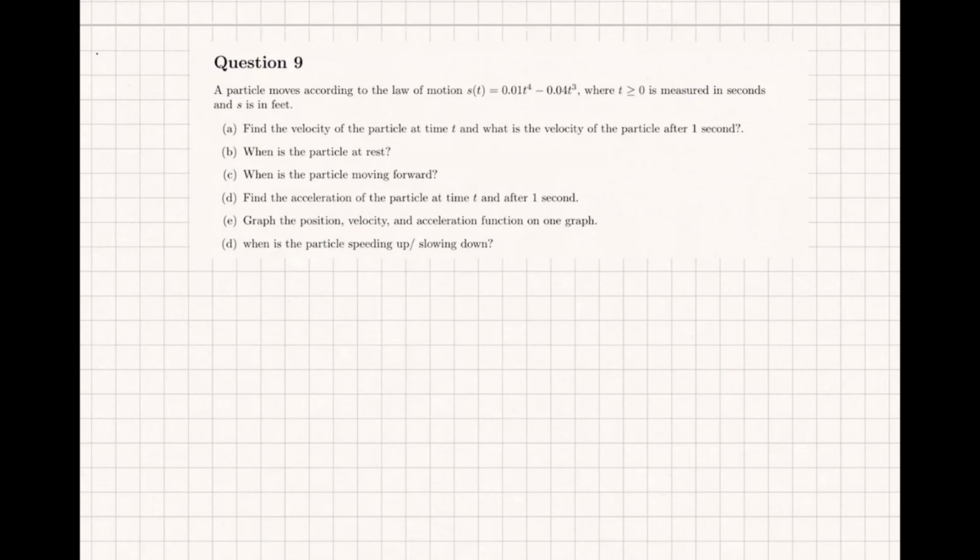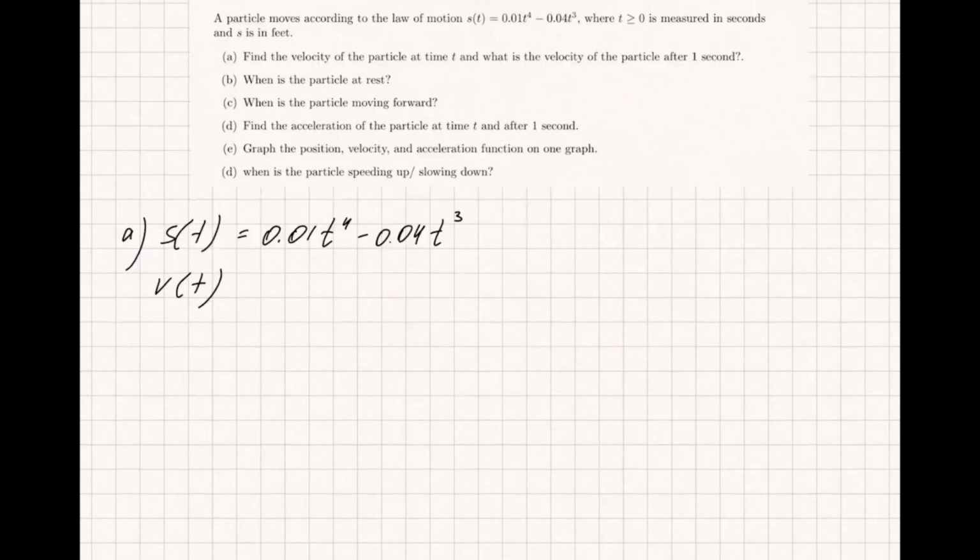So first question is find the velocity of a particle at time t, and what is the velocity of a particle after 1 second. So to find the velocity, we first need to find the derivative of our position function, right? So we have 0.01 t to the fourth minus 0.04 t cubed. Now to find the velocity, we need to find the derivative of this position function.